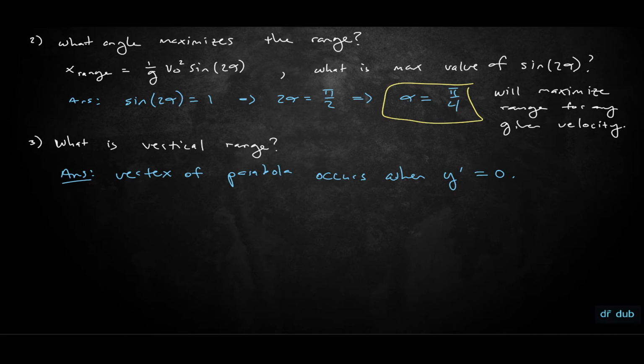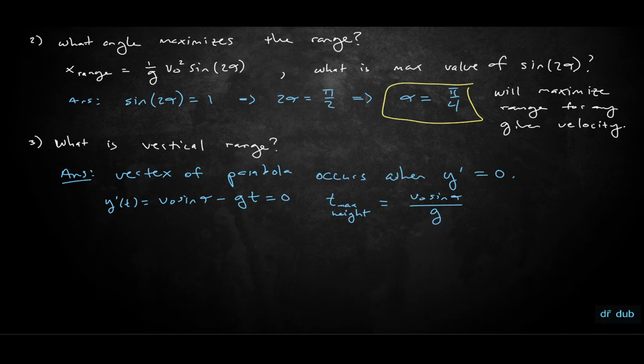It's at 0, and then it's only going to go negative from that point. So if you set y prime equal to 0, y prime of t we know is v0 sine alpha minus g times t equals 0. So t max height is going to be v0 sine alpha over g.